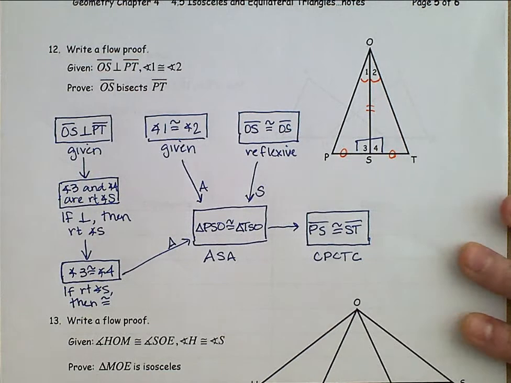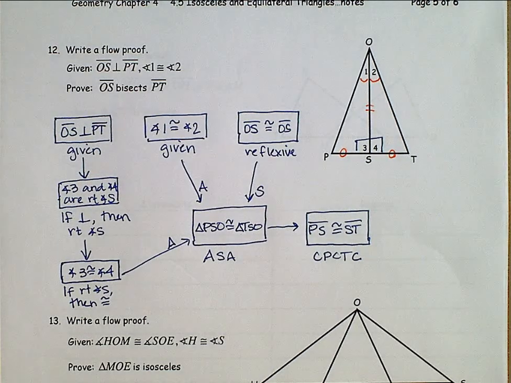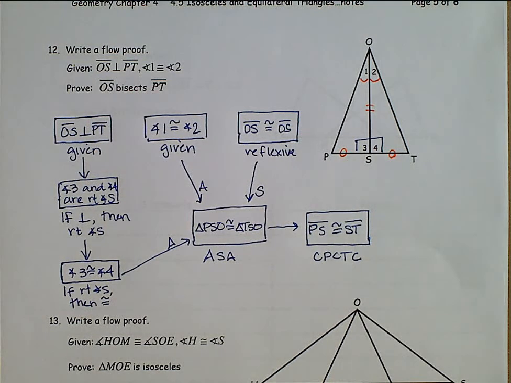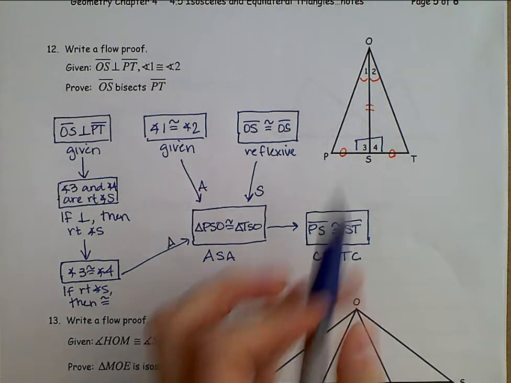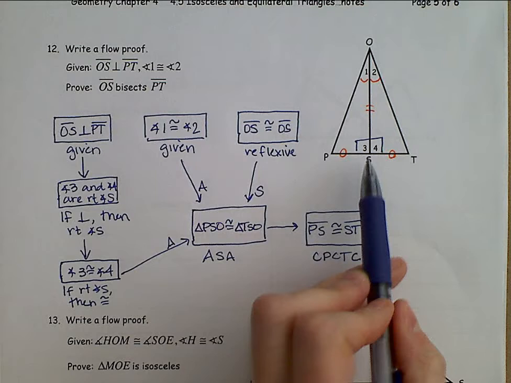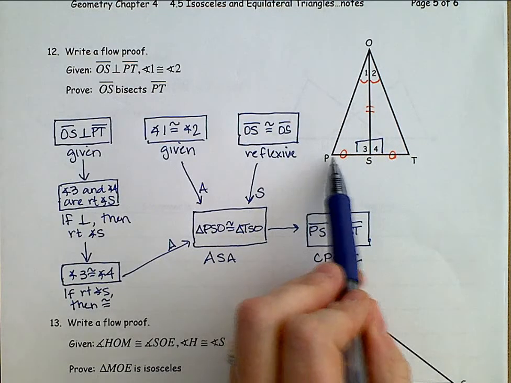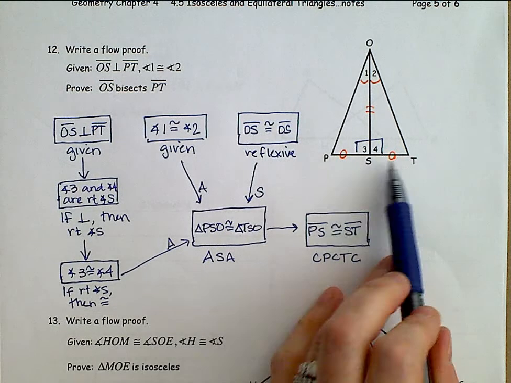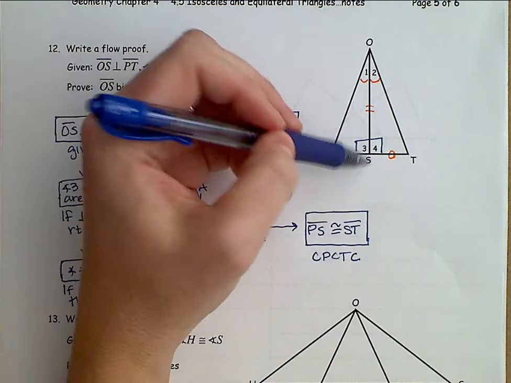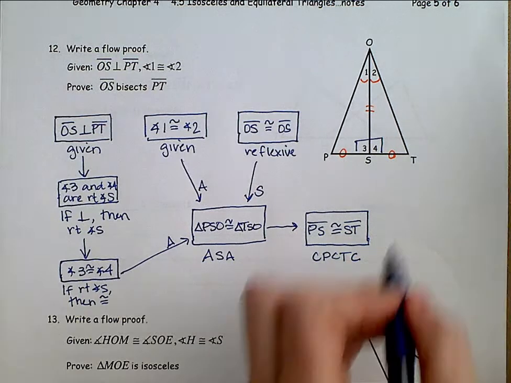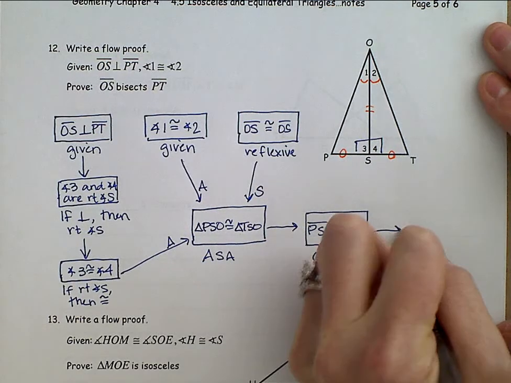Okay, from there, after CPCTC is used, we can absolutely go a step further. Knowing that these two segments are congruent, we can say that this segment OS bisects segment PT. You have these two congruent pieces, so that means that this segment right there is bisecting it. So continue off to the right.